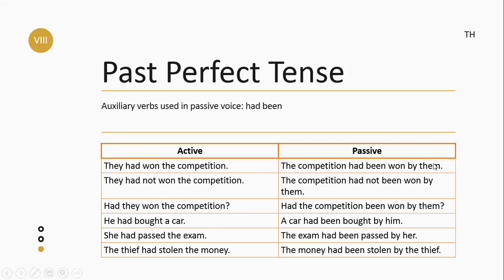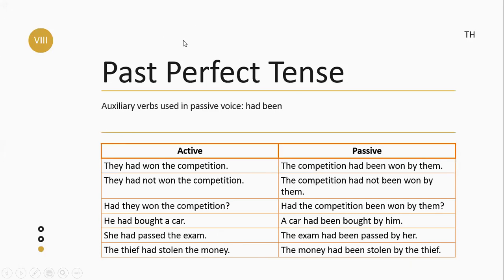And if we are to use it as passive, then we can say, had the competition been won by them. Okay. So then, she had passed the exam. The exam had been passed by her. Then of course we have, the thief had stolen the money. The money had been stolen by the thief.